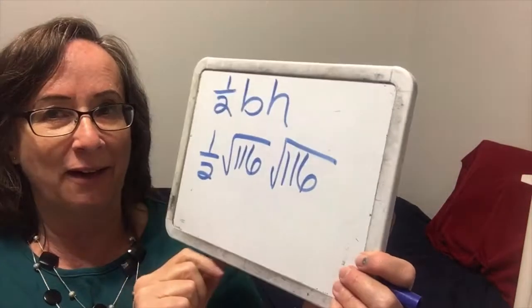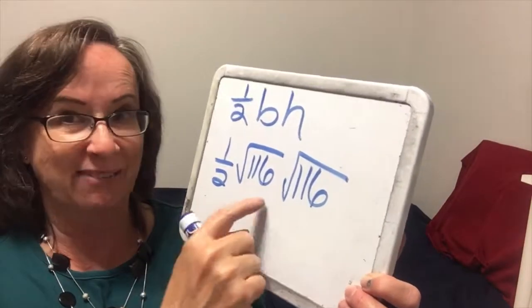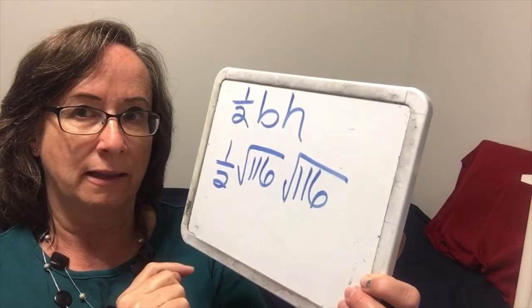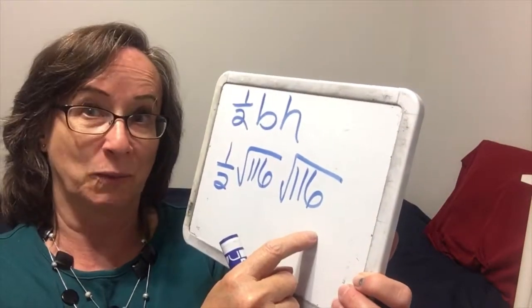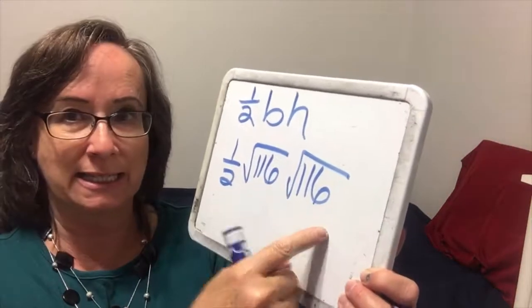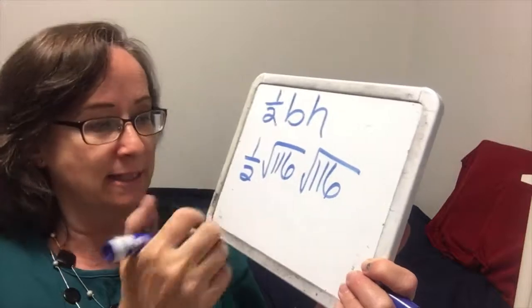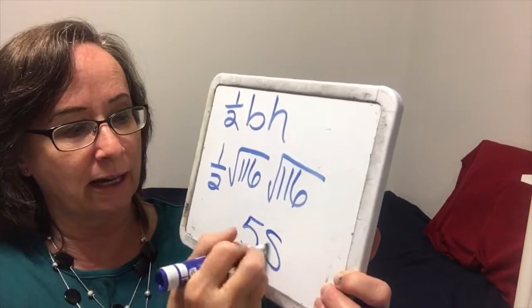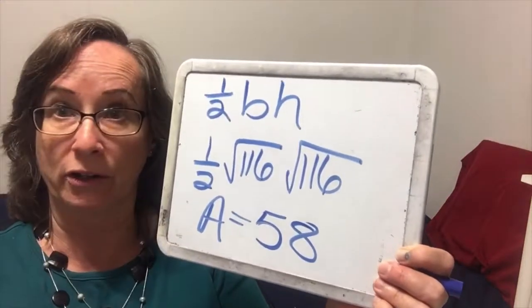Now look at this. Isn't this just the square root squared, because I've got it down twice? Therefore, it's going to end up being 116, and 116 cut in half is 58. So the area of the triangle is 58 square units, whatever the units were.